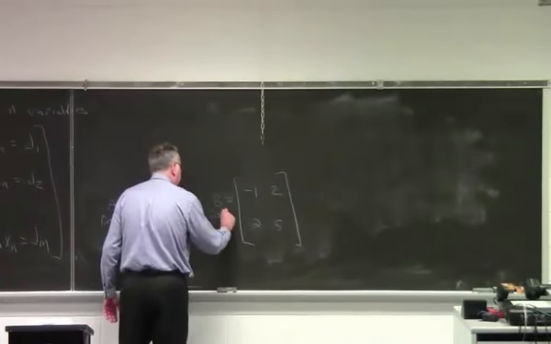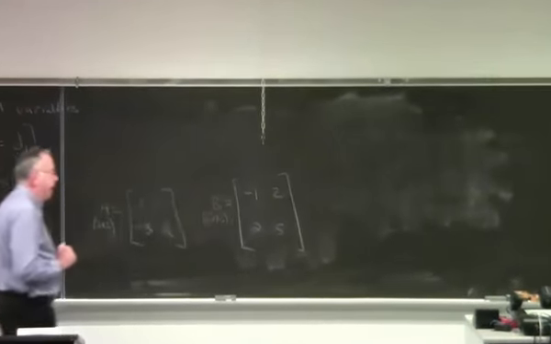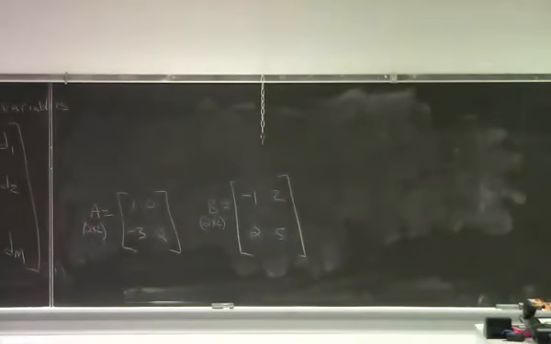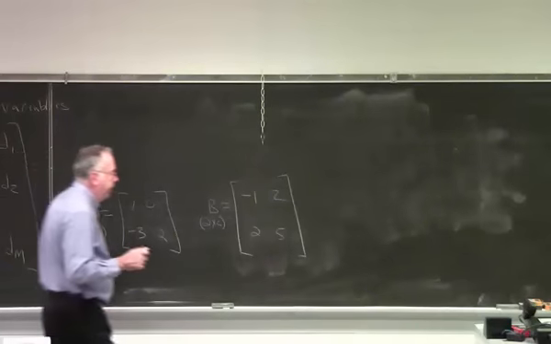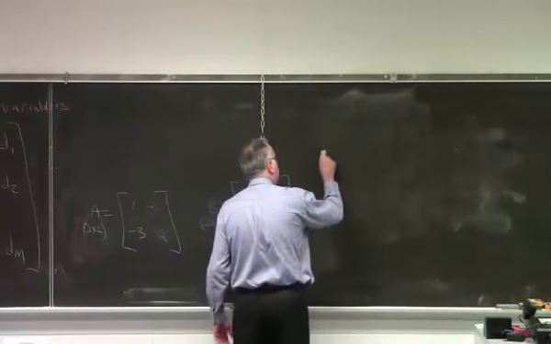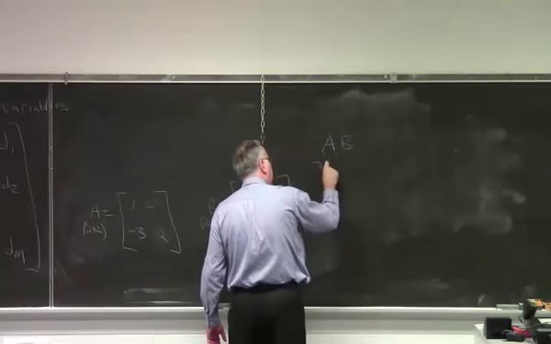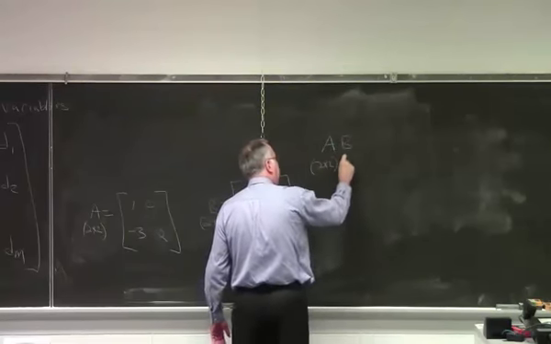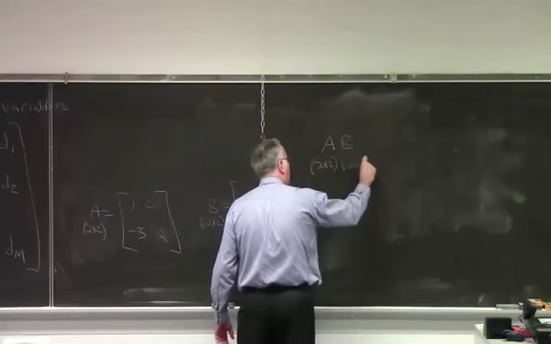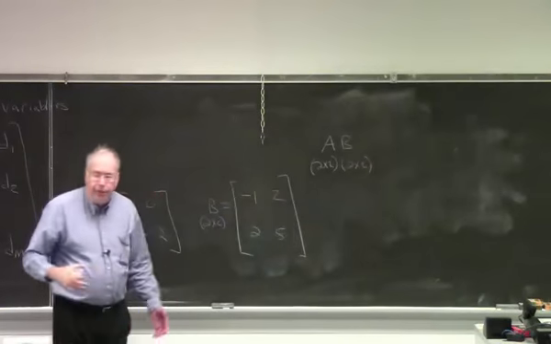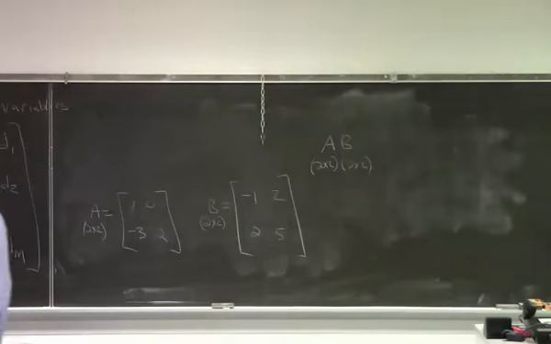Now, the first thing you need to do is check the dimension of each matrix. And probably the best thing to do is just write them next to each other like this, A, B. Notice A is a 2 by 2. B is also a 2 by 2. You can perform matrix multiplication.